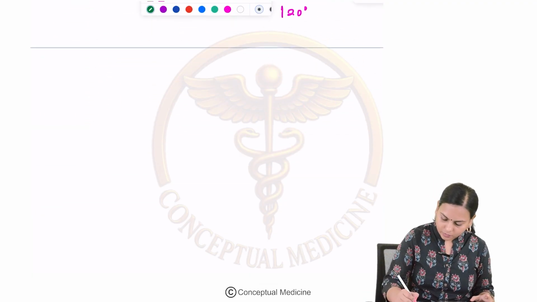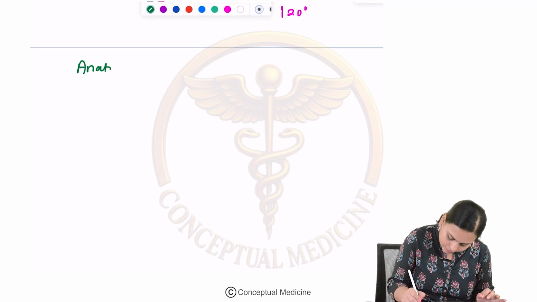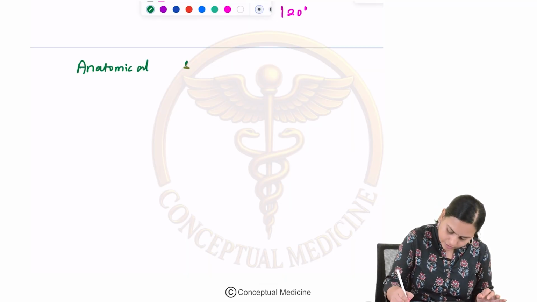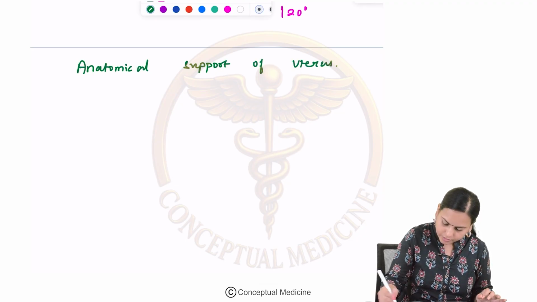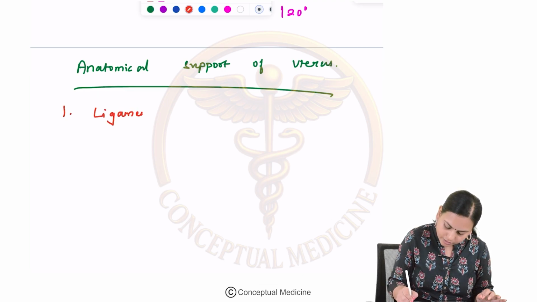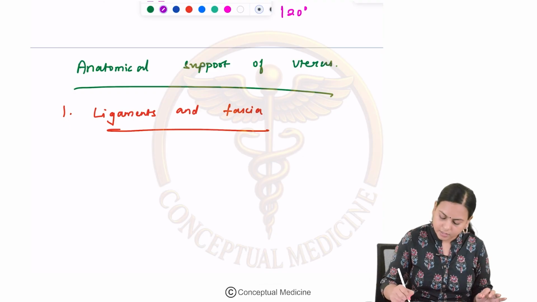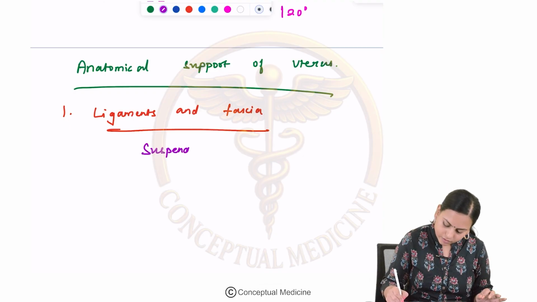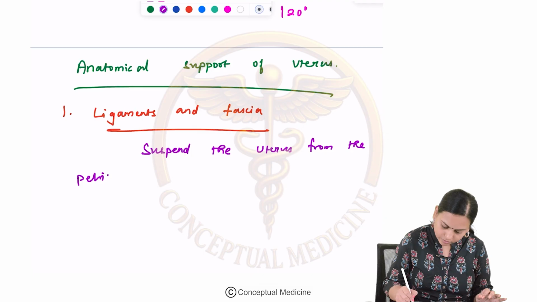Now let's discuss the anatomical support of the uterus. First, we have the ligaments and fascia. These suspend the uterus from the pelvis.